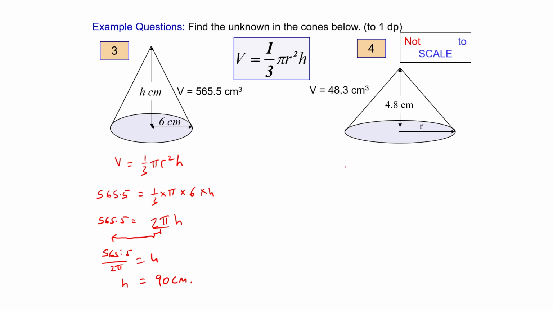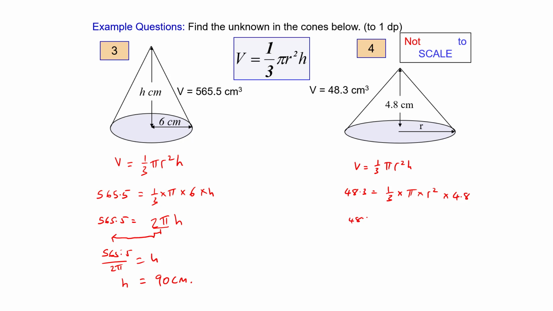Right, let's go through it together. V equals 1/3 pi r squared h. We're looking for R. So we put in what we know. 48.3 is equal to 1/3 times pi times r squared times h, which is 4.8.